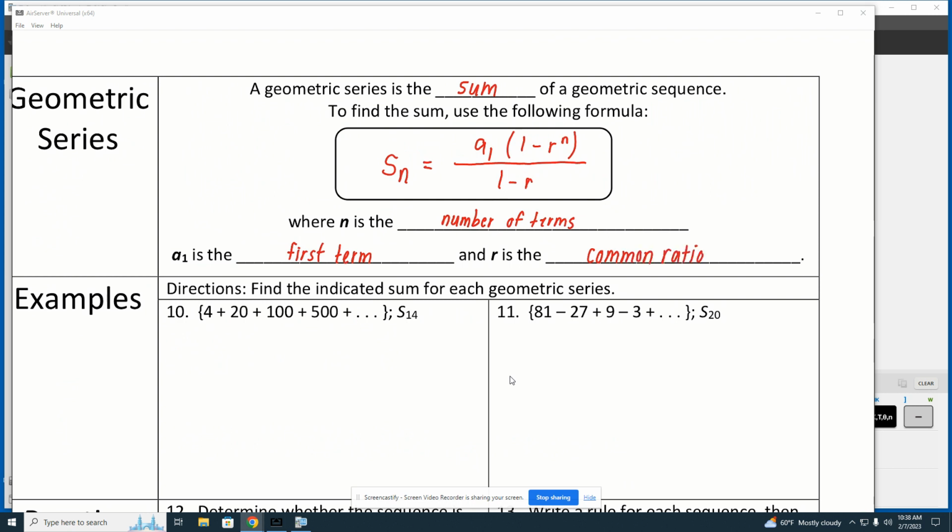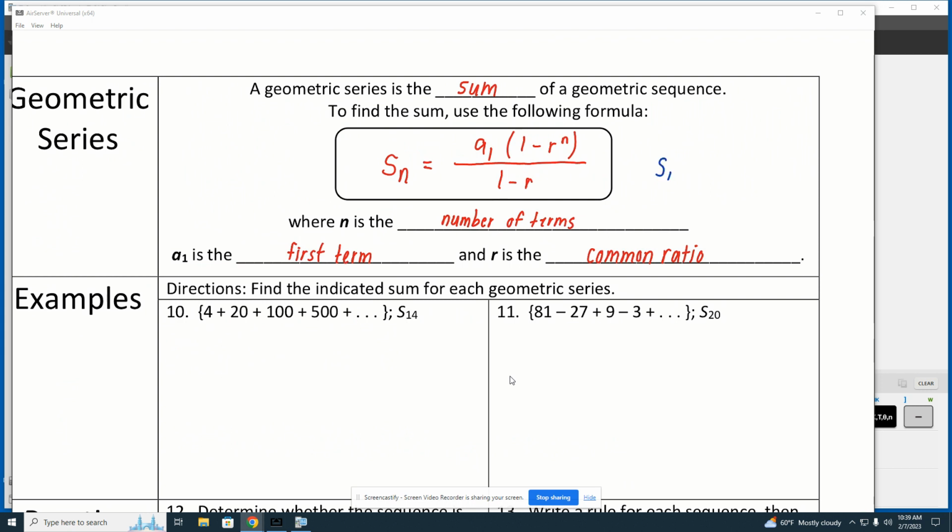Now, let me show you why I'm wasting time today just showing that equation, but we're not actually even going to use it. In the past, there has been a problem on the EOC test. You see, this formula is actually on your formula sheet. But there's been a question that we've seen on the EOC test that will say something like this.